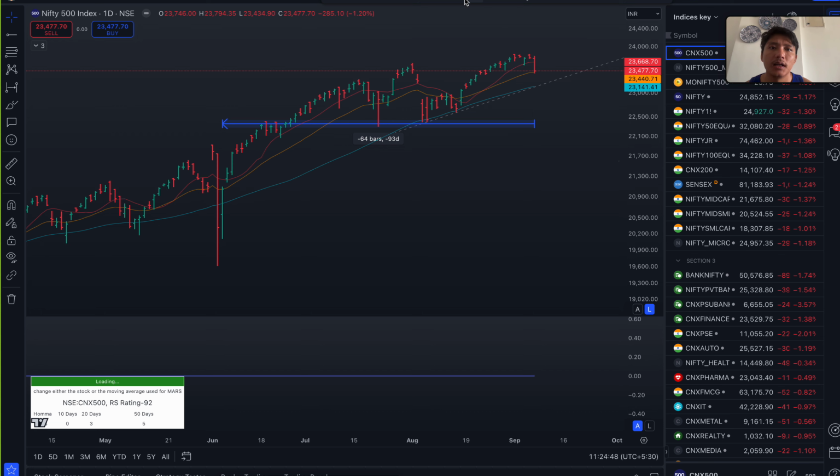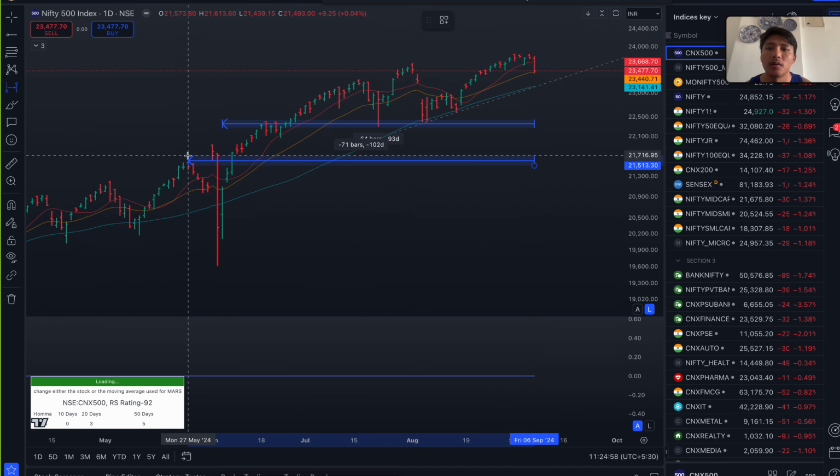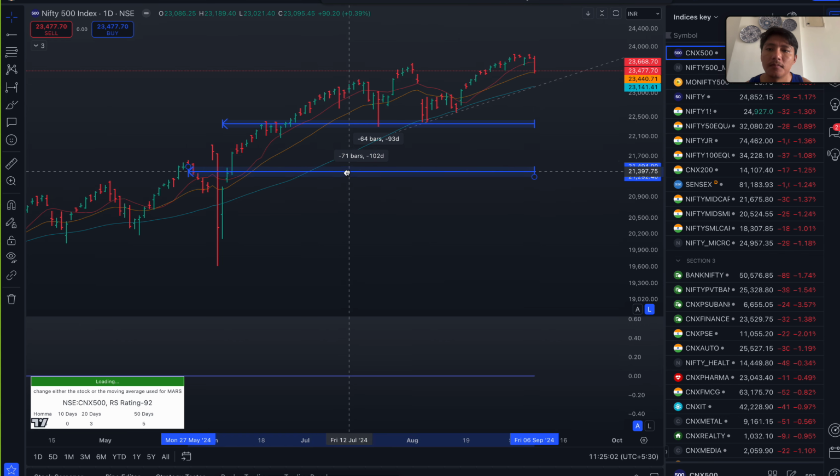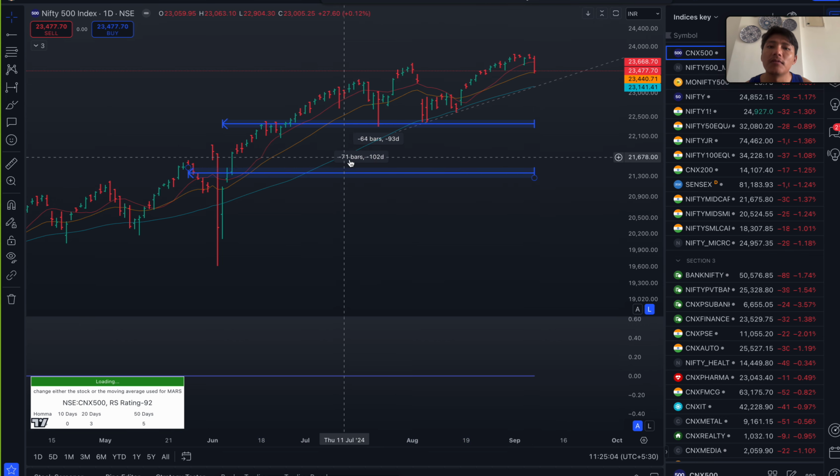I'll get rid of this just to make the chart clearer. Then you again use this date range tool to figure out how many bars ago was this day. As you can see here, one was 71 bars ago, one was 64 bars ago. In charting, you can either say price or you can say low.